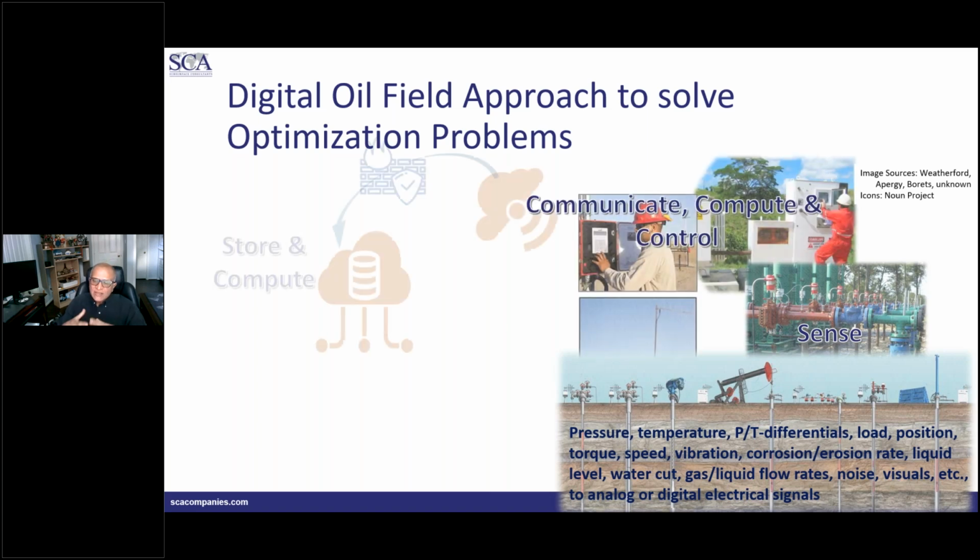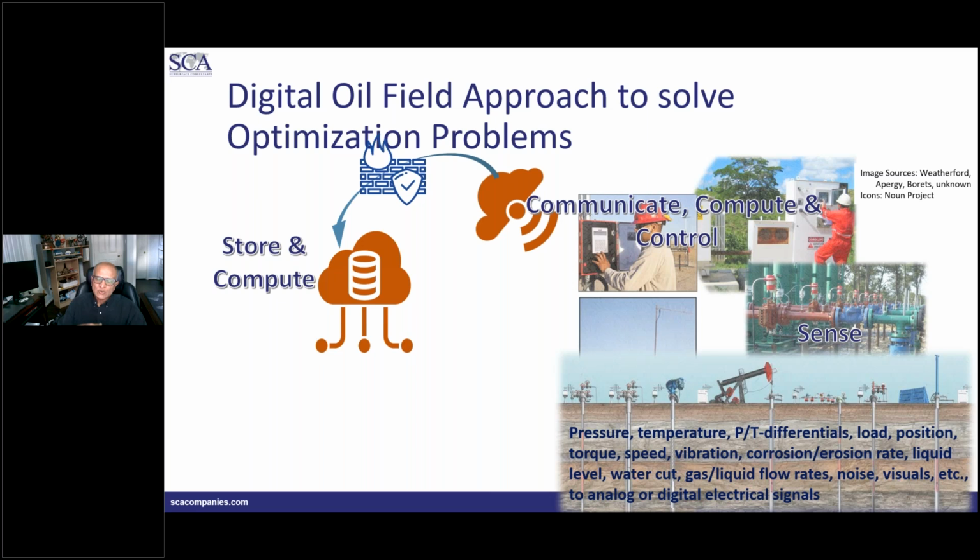Next comes, okay, just by sensing, it doesn't do as much. So we need some kind of communication, computation, and control side of it. That is another big part of it as things move more and more towards cloud, even if it's a private cloud. Plus we need to store the data and apply some computations. This is what I call the communicate, compute, and control layer after the sense layer.